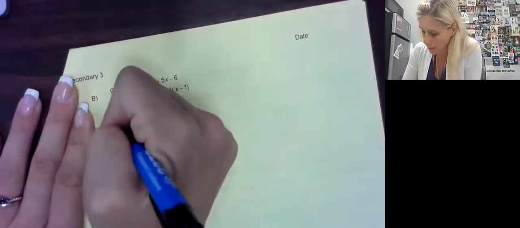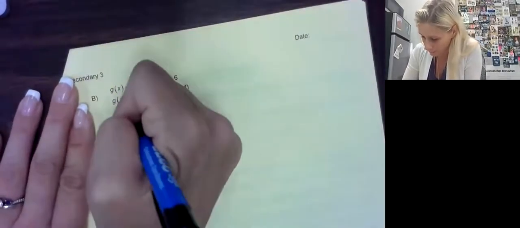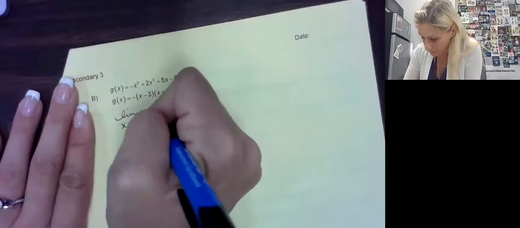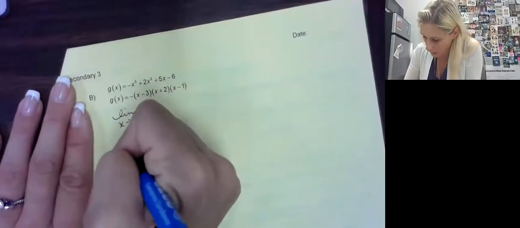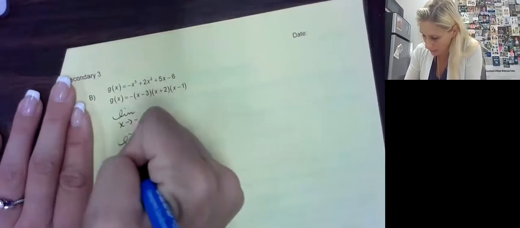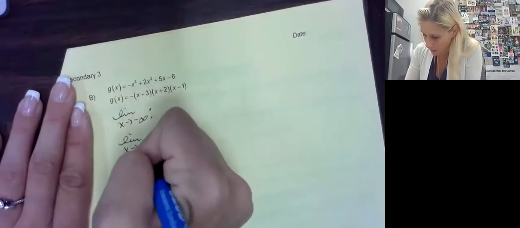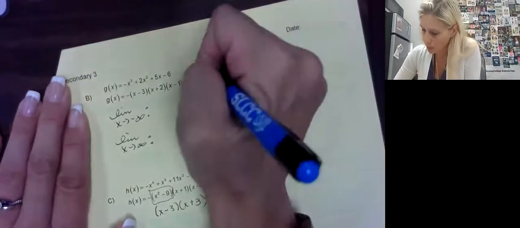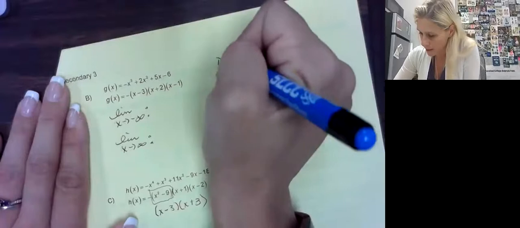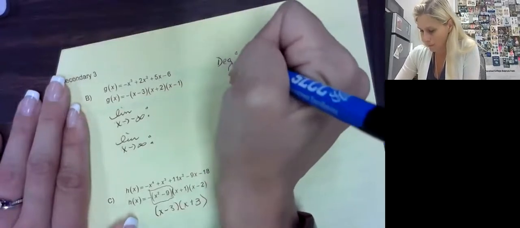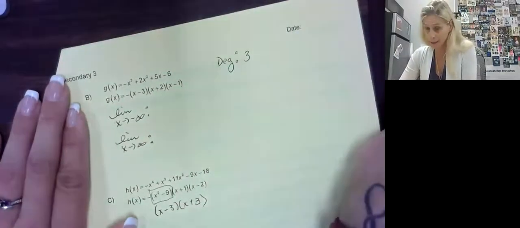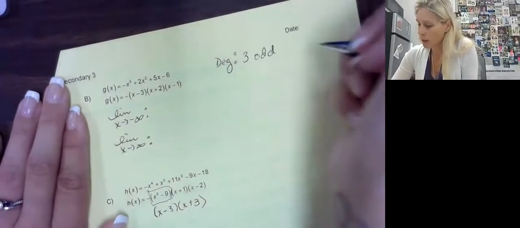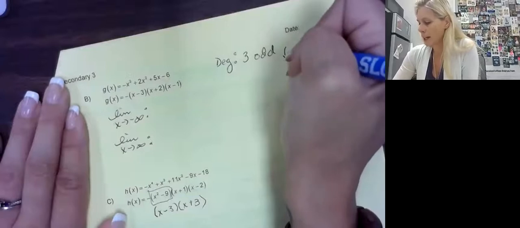We've got to do end behavior first, right? So as we approach the left side and as we approach the right side. All right, what is our highest degree in B here? Well, our degree is 3, so that means at most 3 zeros. It's an odd number, so we know it starts with the left side down, right side up.